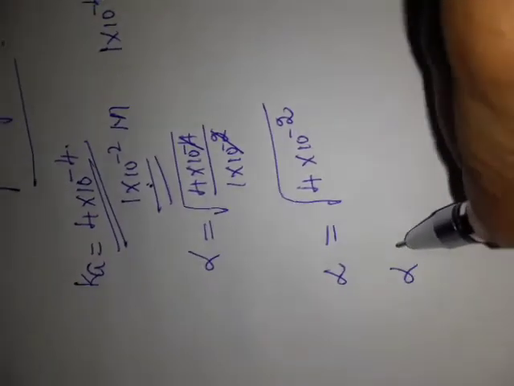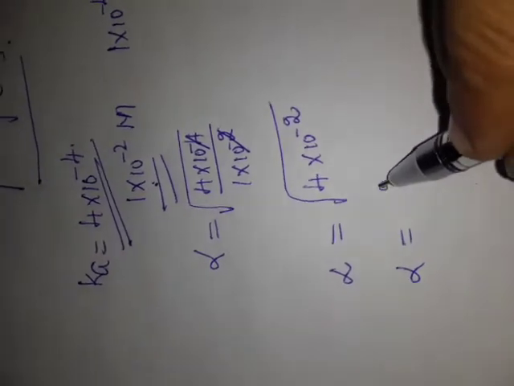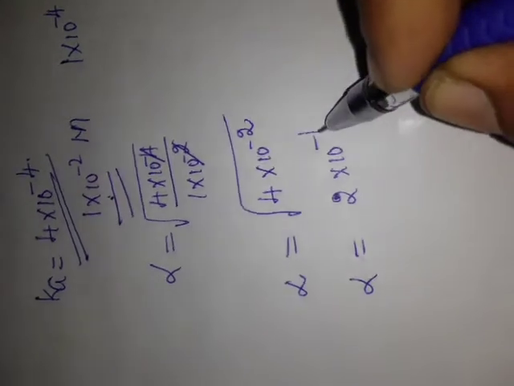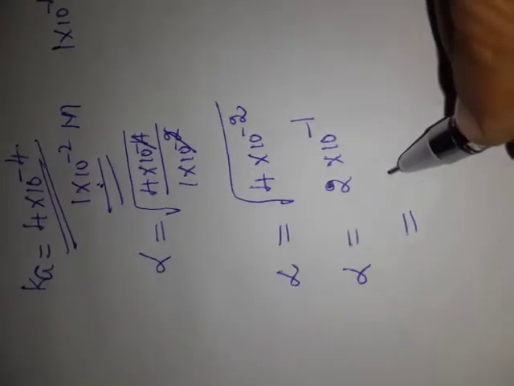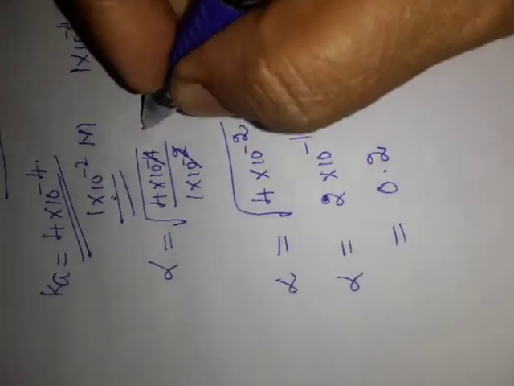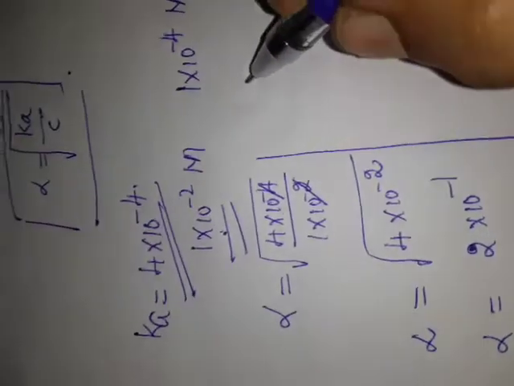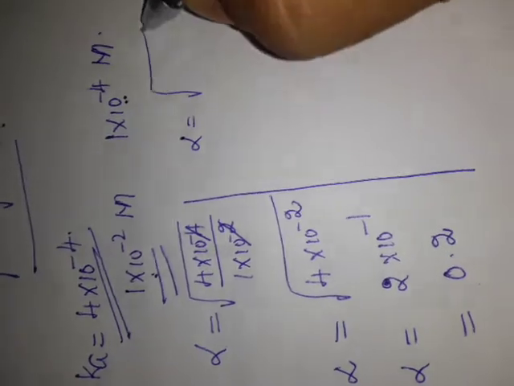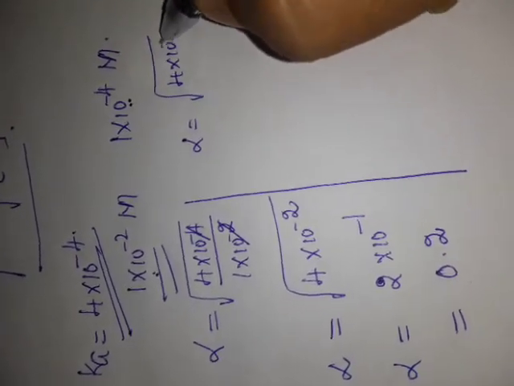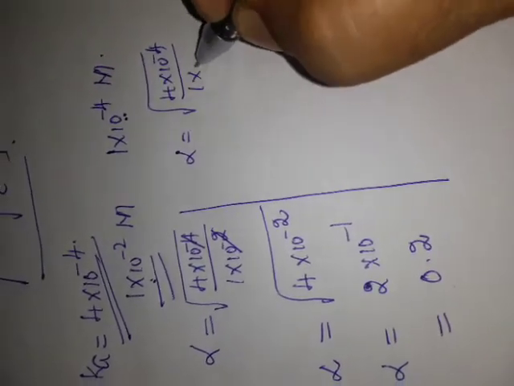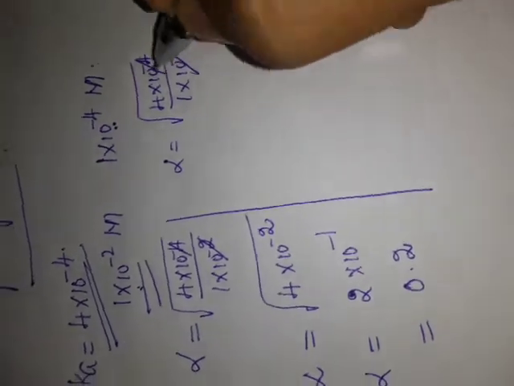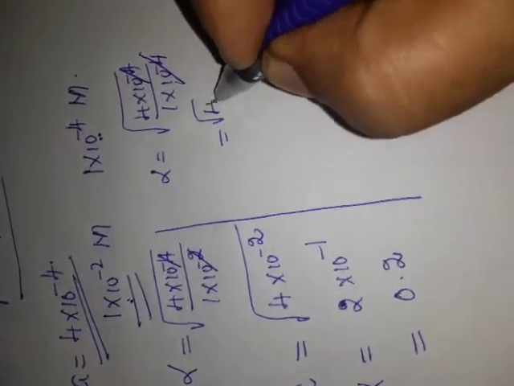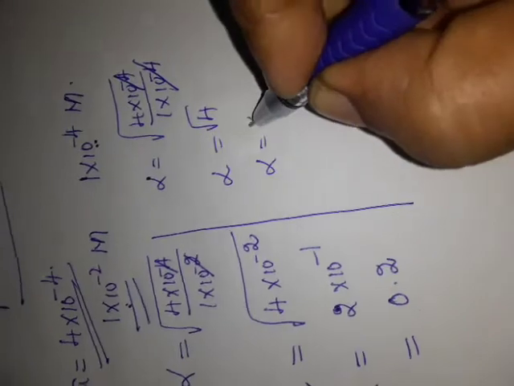So alpha is equal to 2 into 10 power minus 1, that is 0.2. Now with the other concentration, alpha is equal to the square root of 4 into 10 power minus 4 by 1 into 10 power minus 4. This gets cancelled. It is the square root of 4. So alpha is equal to 2.